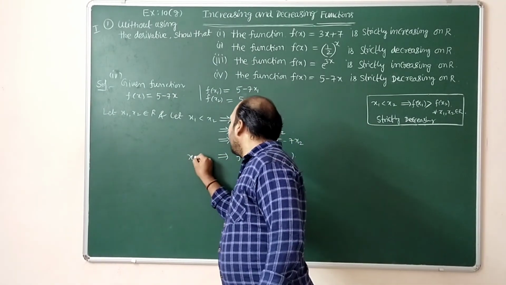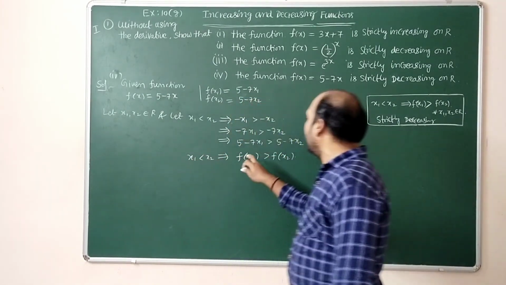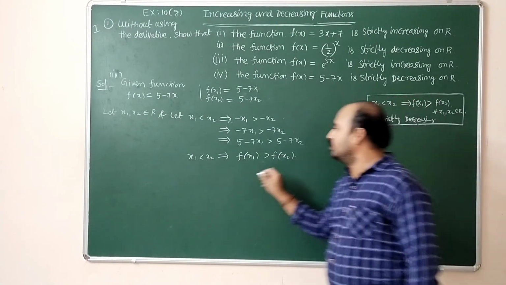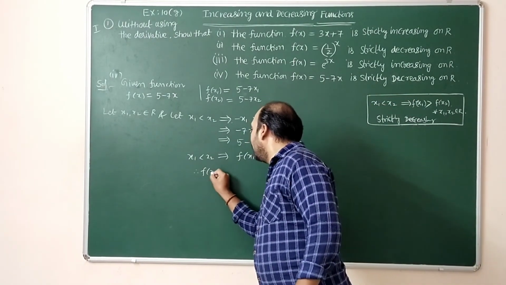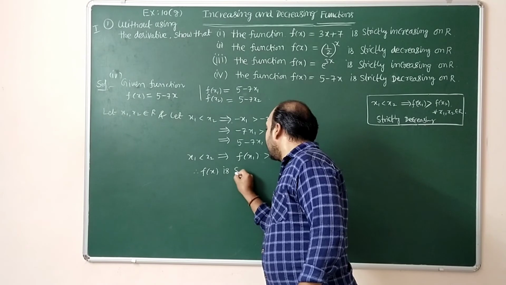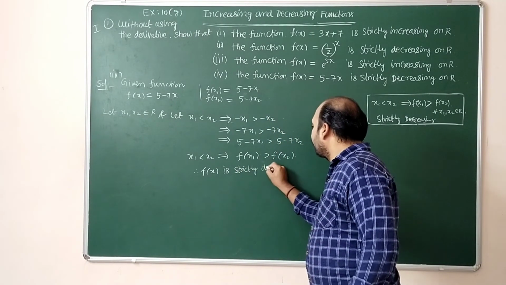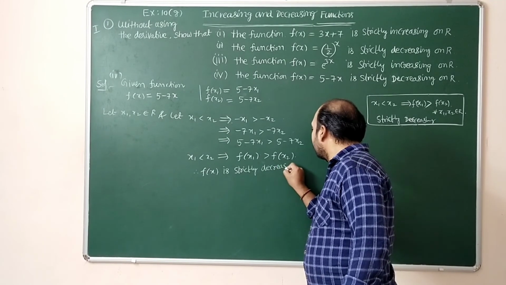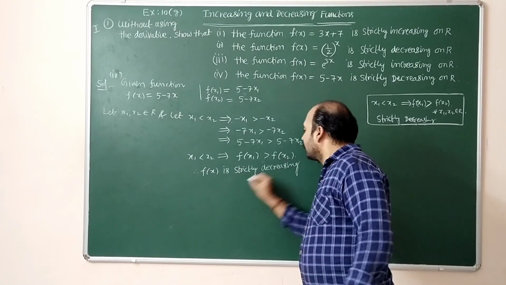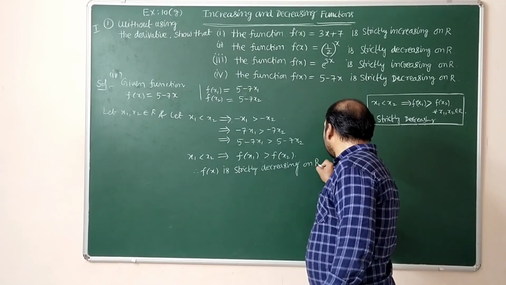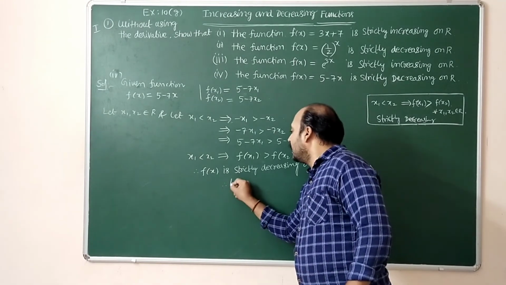So x1 less than x2 implies f of x1 is greater than f of x2. Therefore, f of x is strictly decreasing on R, hence proved.